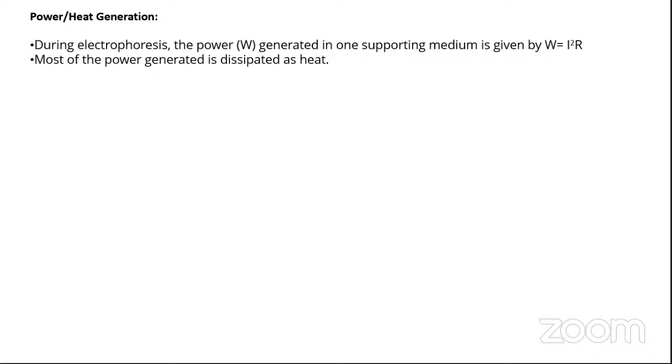If I increase the voltage, there will be an increase in current. Increase in current will lead to more power generation, and power generation is dissipated in the form of heat. So what will happen to resistance according to you now?